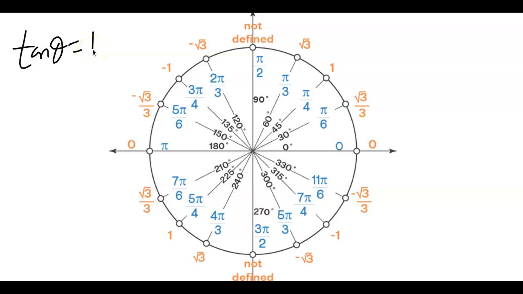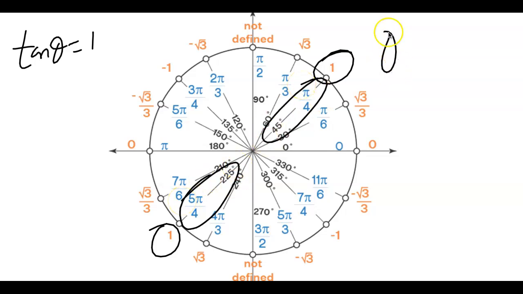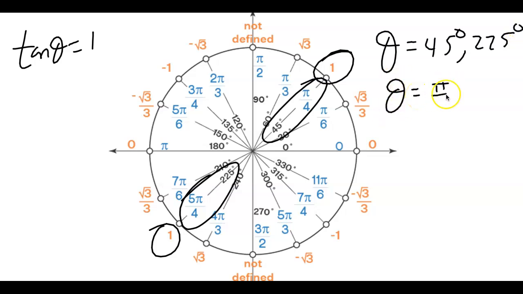Well, tangent of theta equals 1 here, and it also equals 1 over here. And therefore, there are two angles. So here's one pair, and here's the other one. So that means that theta would be either 45 degrees or 225 degrees if you're doing degrees. And if you're doing radians, that would be pi over 4 and 5 pi over 4.